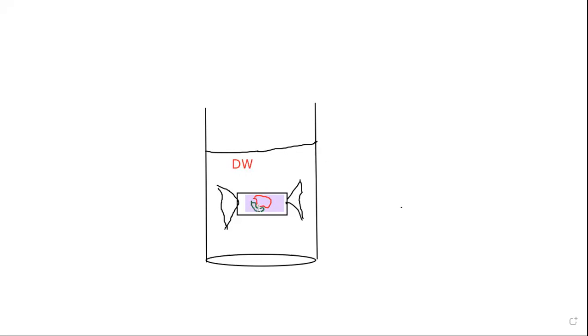Again, I'll show it diagrammatically. Some of the molecules are free like this, because of the association dissociation process. Is that clear to everybody?